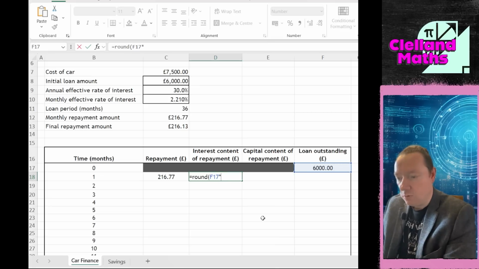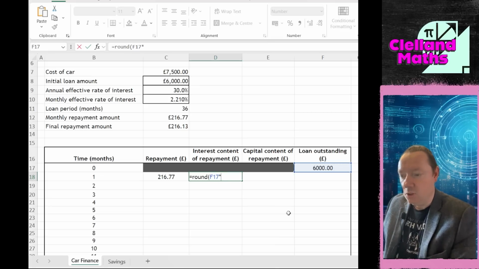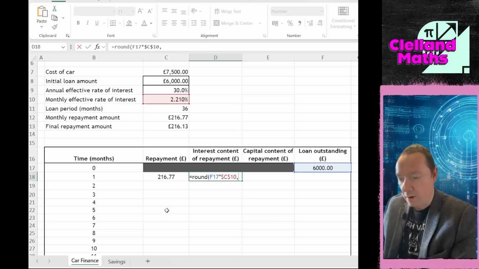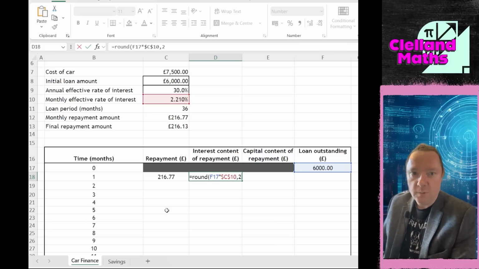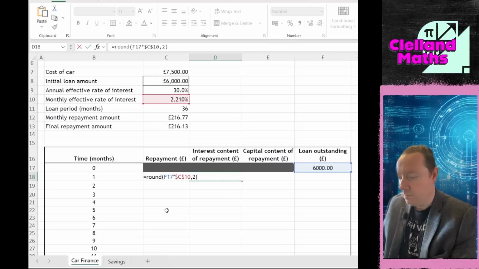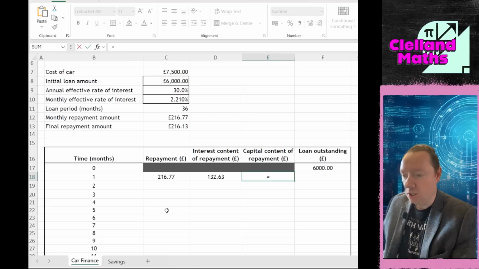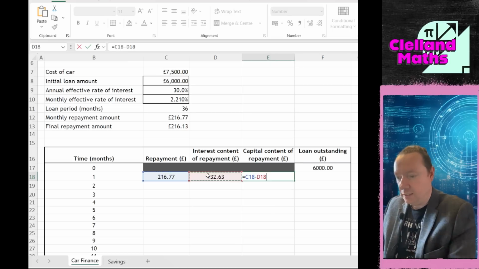Now that's not dollar because we're inside the table, times the monthly interest. That is dollar because that's outside my table, comma 2. Now it doesn't matter whether you put interest first, then F17. The order doesn't matter for times. We get an answer. Capital content, well, I've already rounded, so I don't need to do it again.